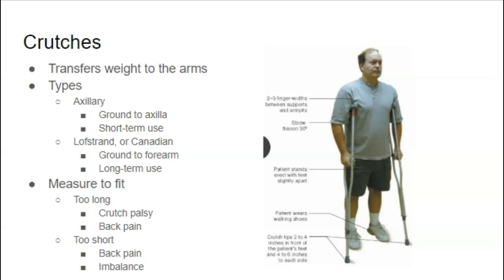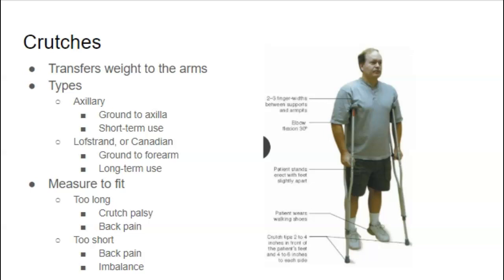Crutches are obviously common. These are usually more common post-injury, sprained ankle, sprained knee. The key with crutches is that you've got to make sure they're sized correctly, and you're going to be there. The book talks about some different kinds of gaits. It talks about a 4-point gait, a 3-point gait. Prototypically this is going to be a 3-point gait because you have an individual that's usually non-weight bearing.